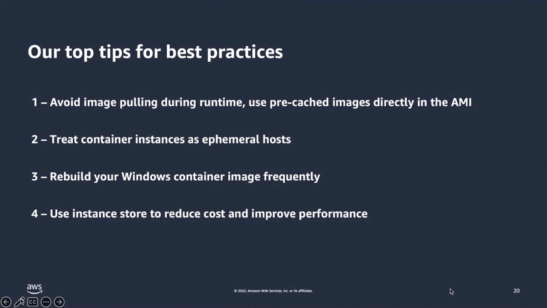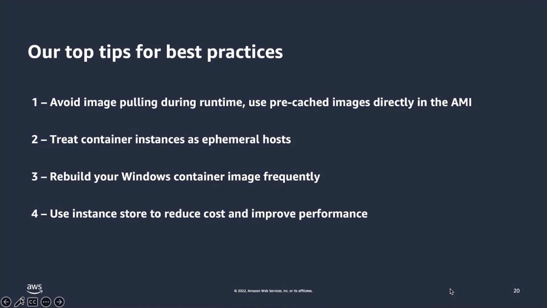And fourth, use Instance Store to reduce cost and improve performance. Containers themselves are ephemeral, right? They do not persist any data. So instead of using Amazon EBS as storage for your temporary Windows container, one of the options you can do is to select an Amazon EC2 instance that offers Instance Store and use your container orchestrator like ECS or EKS to point all the pulling images to this Instance Store storage.